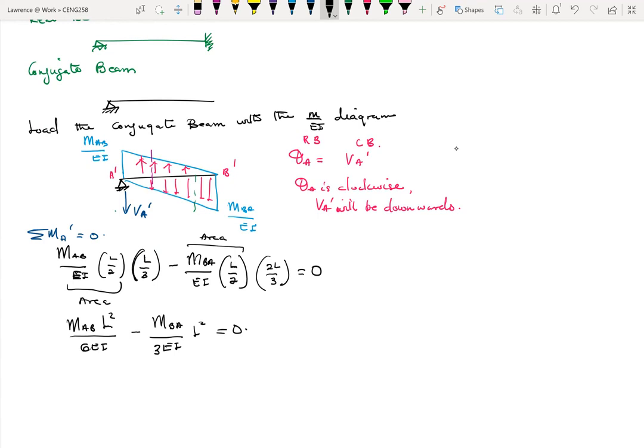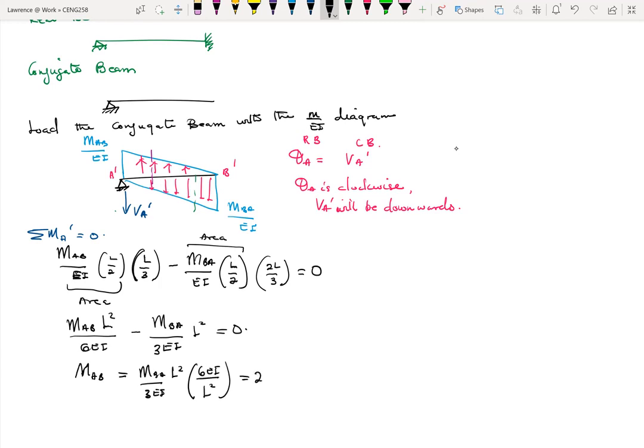If we make MAB the subject, that means that our MAB will then be equal to MBA over 3EI times L squared, times 6EI over L squared.